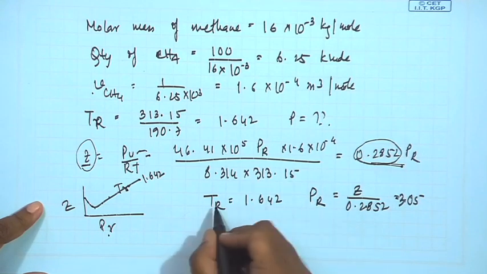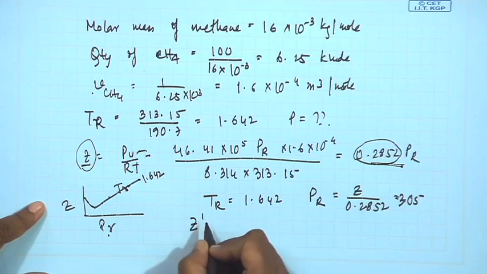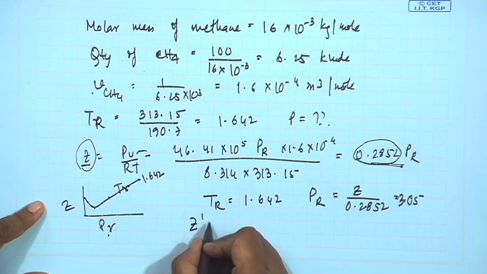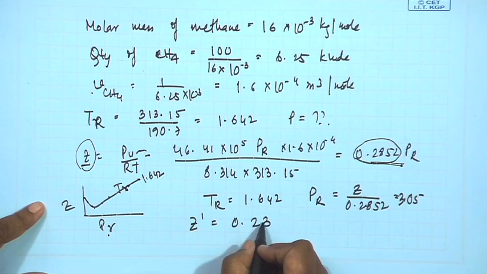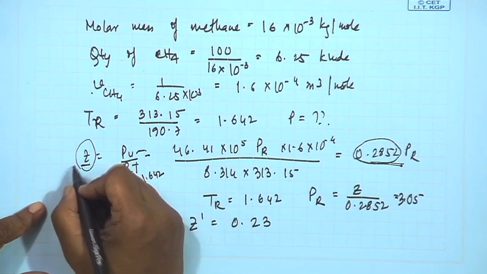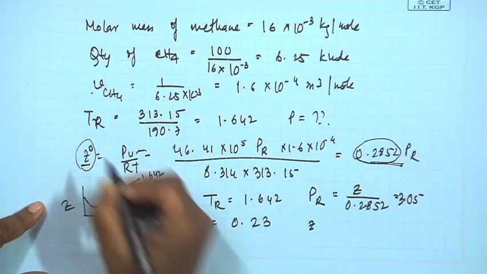So, you know PR, you know Tr, and for better accuracy you would like to refer to the Z1 versus PR, Tr chart. From the Z1 chart, since you know PR and Tr, you can find out Z1. The Z1 you will be finding out, just check it up, this is the data I am giving you, is nothing but equal to 0.23. Once you know Z1, you know Z0.